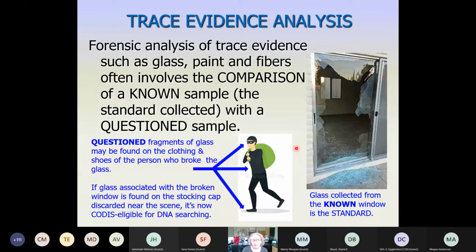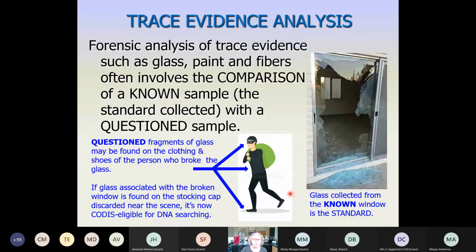If they are associated, meaning we can't tell any difference between those fragments on the stocking cap and the window itself, now we've associated the stocking cap itself with a potential crime, and now that cap itself is CODIS eligible for DNA searching, and so we could collect DNA evidence from it.